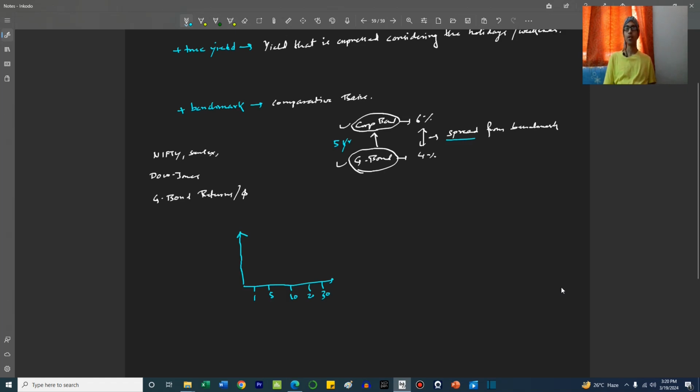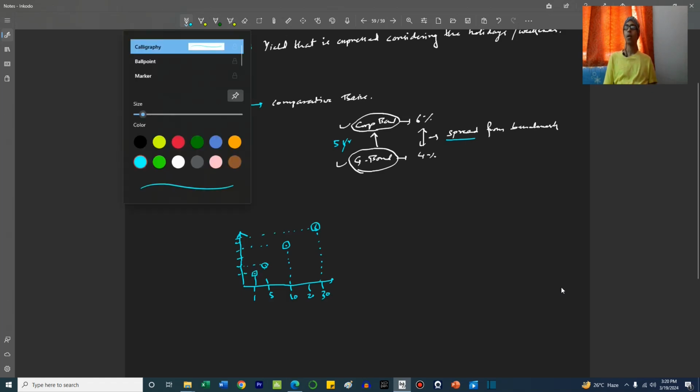So for the 5 year it is 2. Let's say for the 10 year it is 4. For the 30 year it is 6, right? Now let's say for the 1 year it is 1.